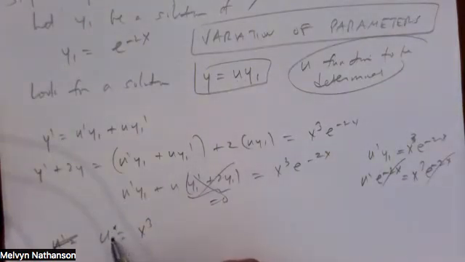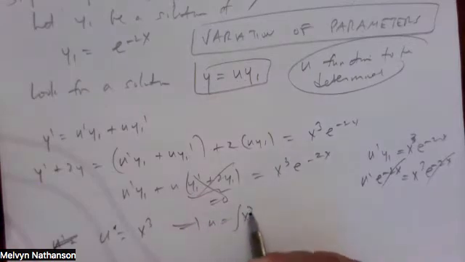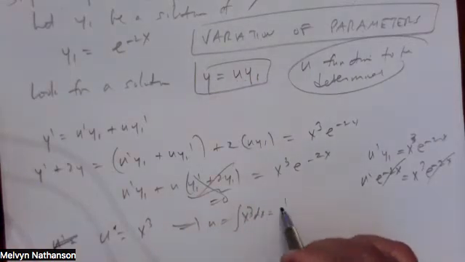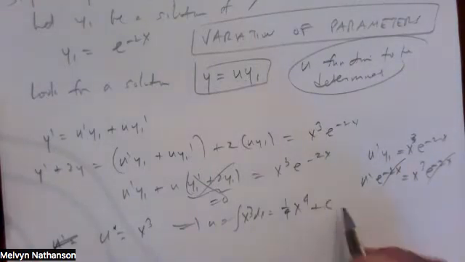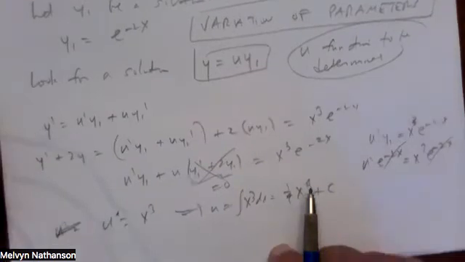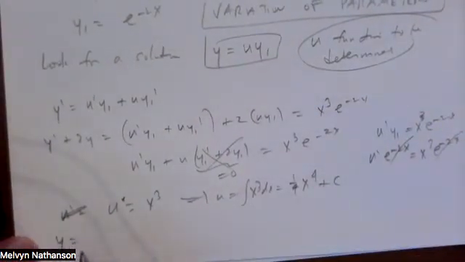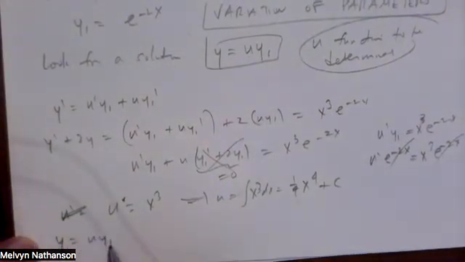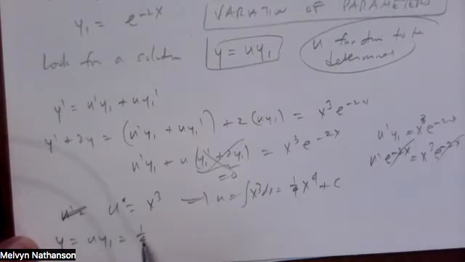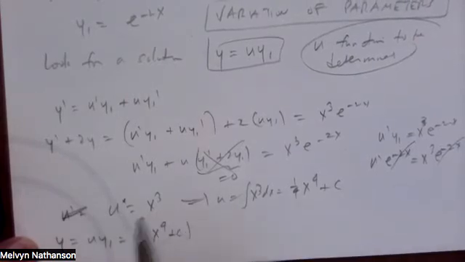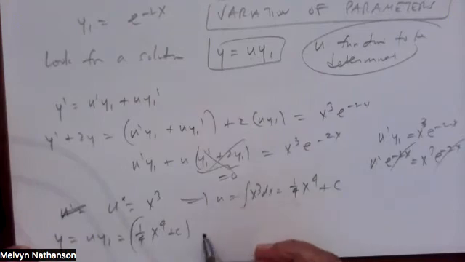So then you just integrate x cubed. So u is the integral of x cubed, which is a fourth, x to the fourth, plus a constant. So y, which is u y1, is 1/4 x to the fourth plus a constant times y1, which is e to the minus 2x.